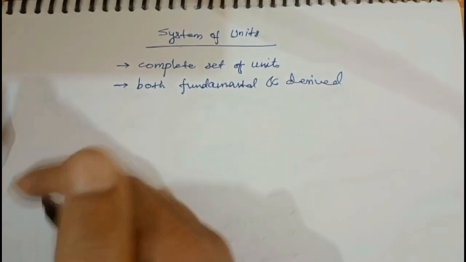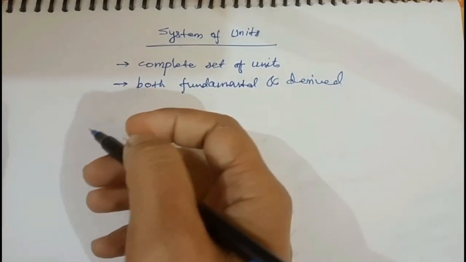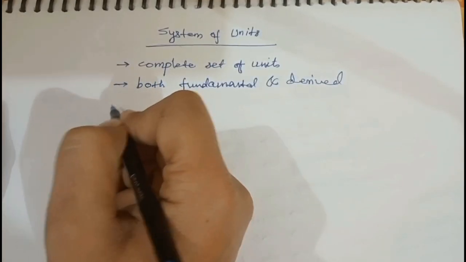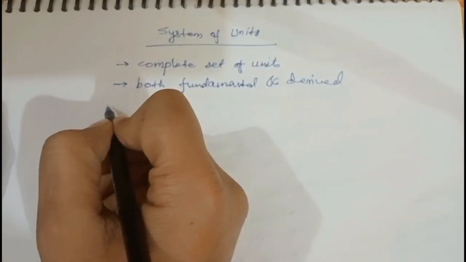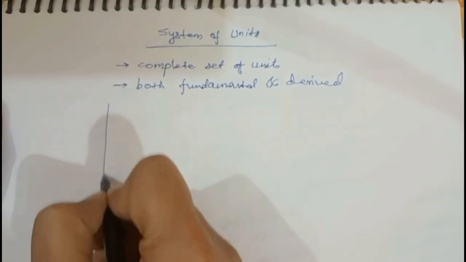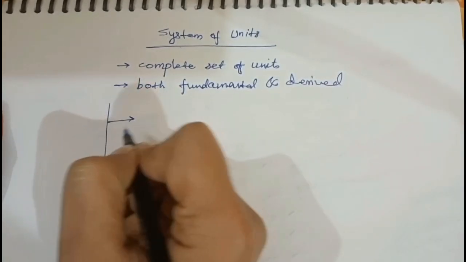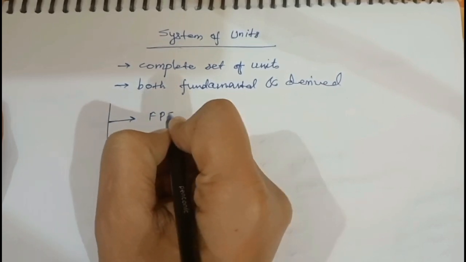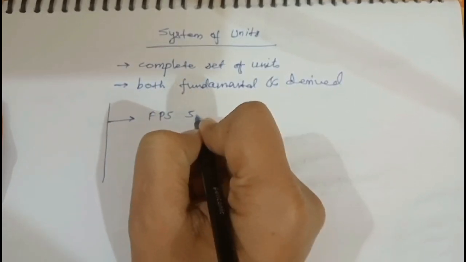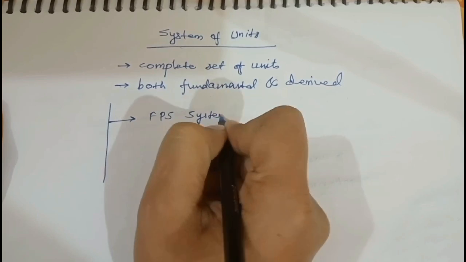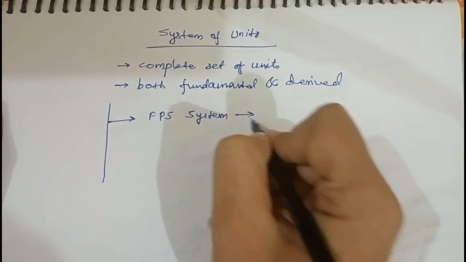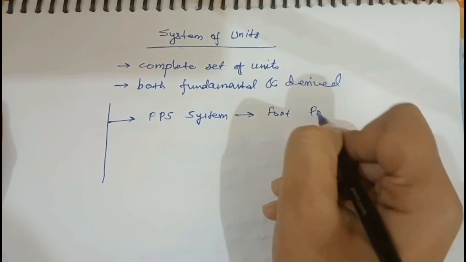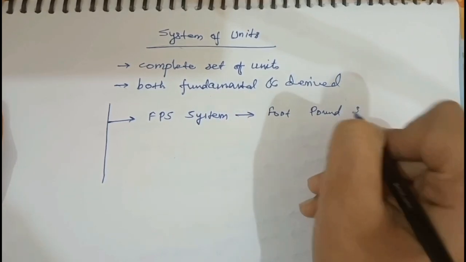Some common types which are used in mechanics, there are many, but let's learn about four major ones. First one we can see is the FPS system. FPS means foot, pound and second.